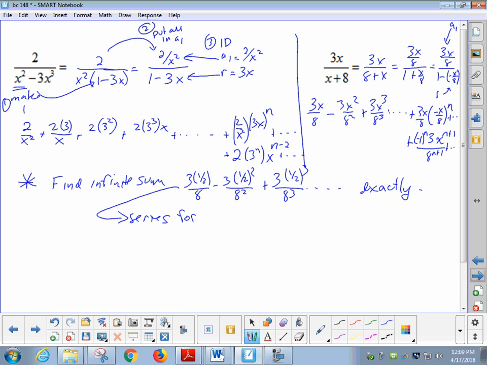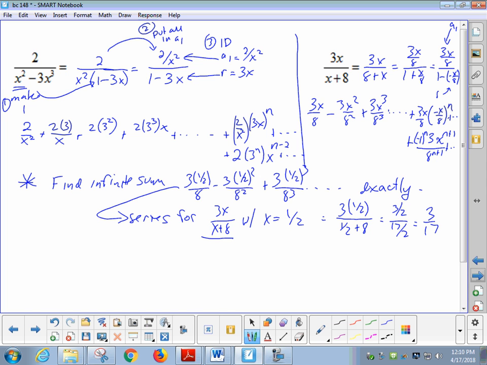This looks like the series we just did: 3x over x plus 8 with an x of 1/2. Therefore, it's equal to this when x is 1/2. And so it's equal to 3 times 1/2 over 1/2 plus 8, or 3 halves over 17 halves, or 3/17.